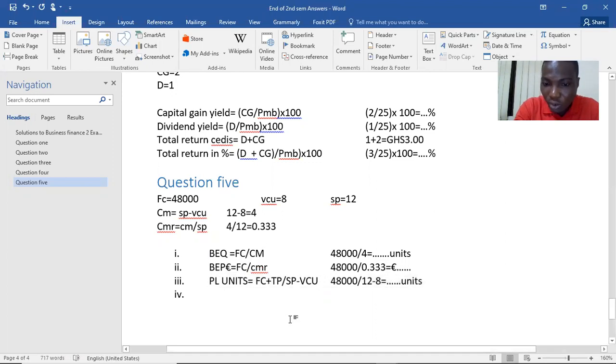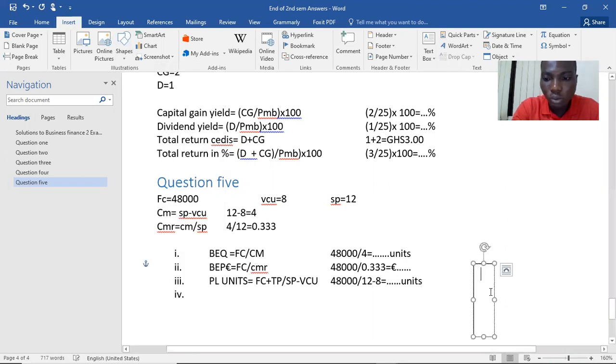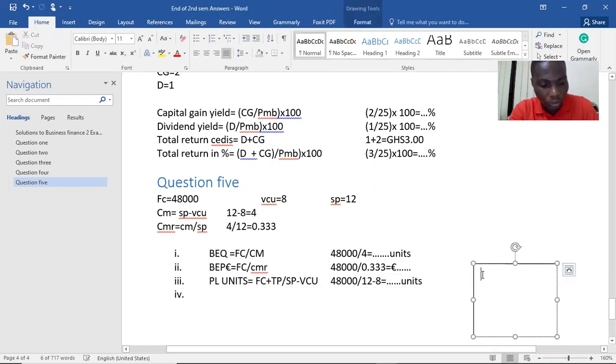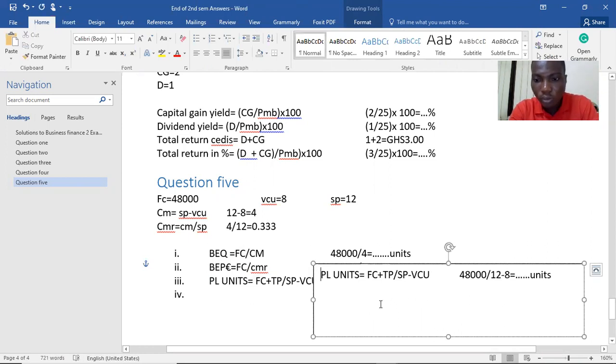If it is the contribution method, then we go like this, over contribution margin.